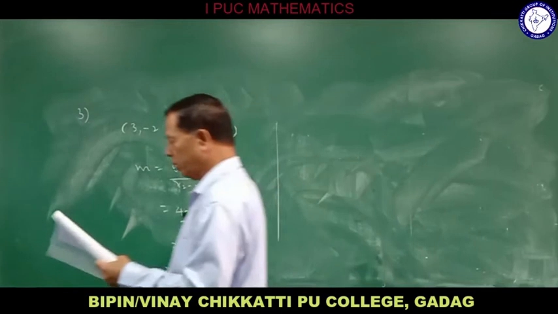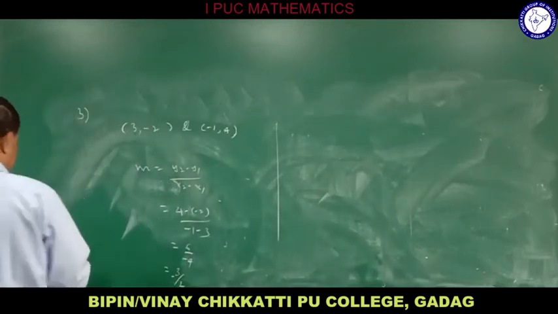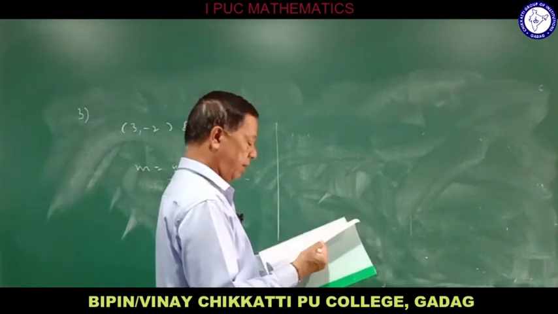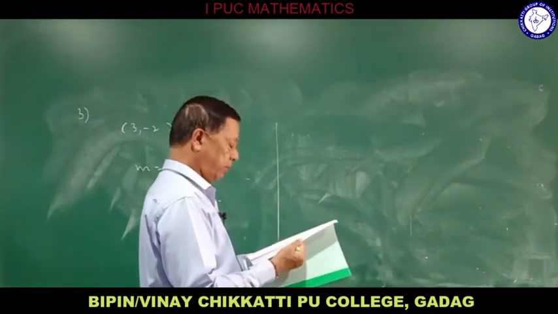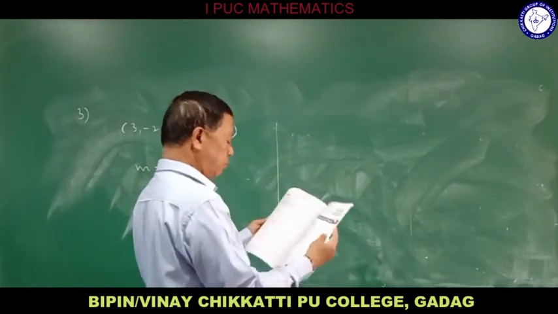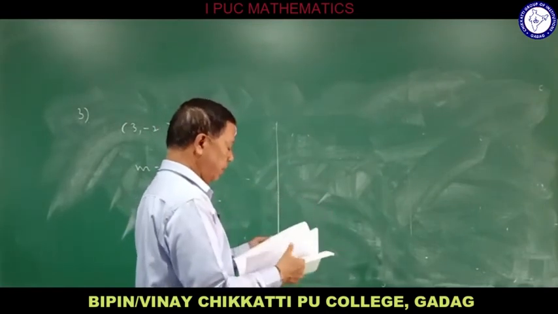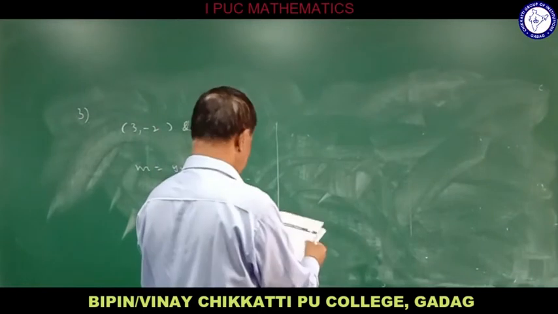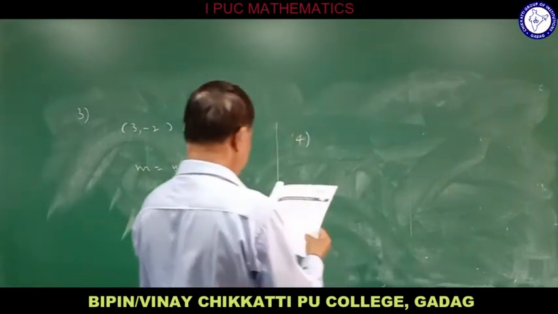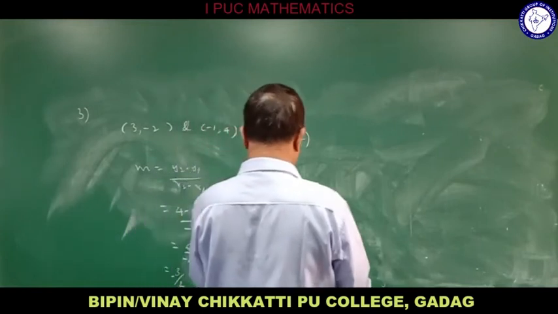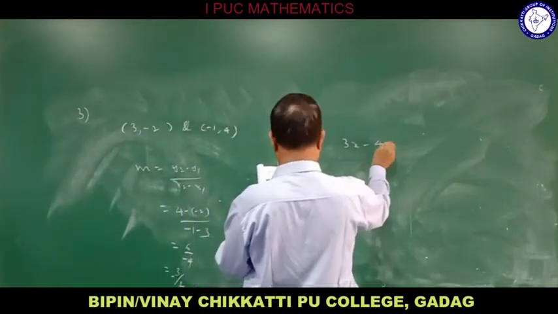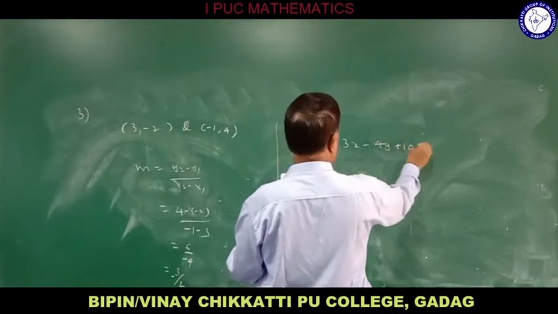Now I am going to see model 4, how we write and accordingly we can see the answer. Question paper model number 4 I am going to write. Find the slope of the line 3x minus 4y plus 10 equal to 0.